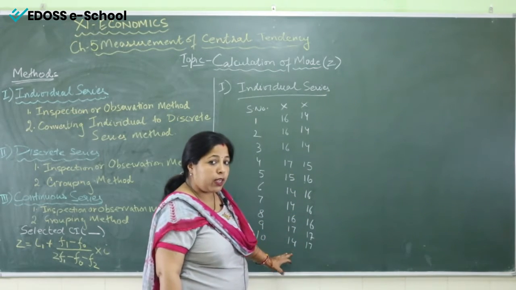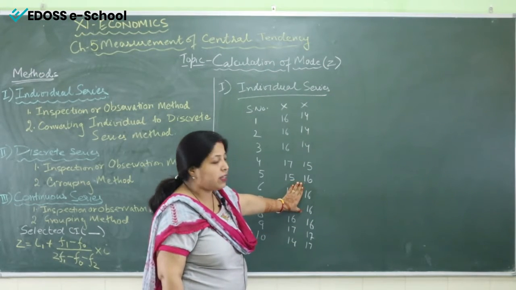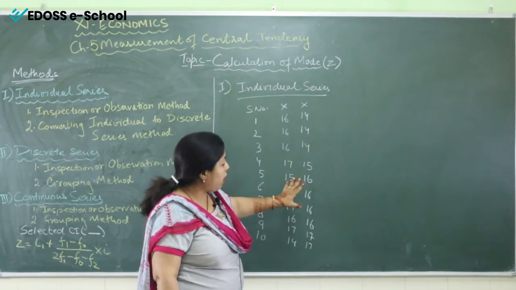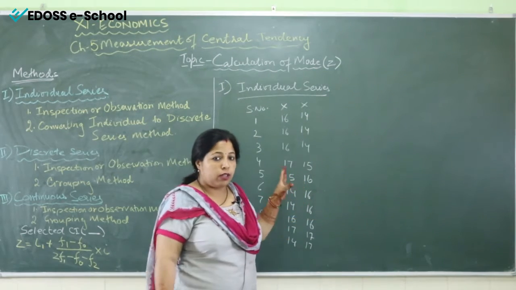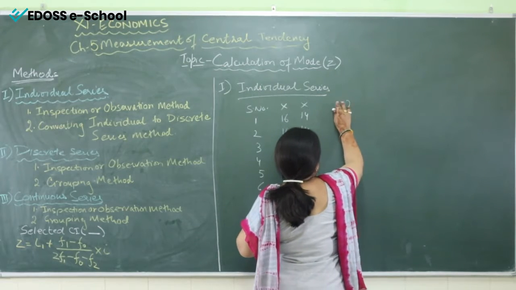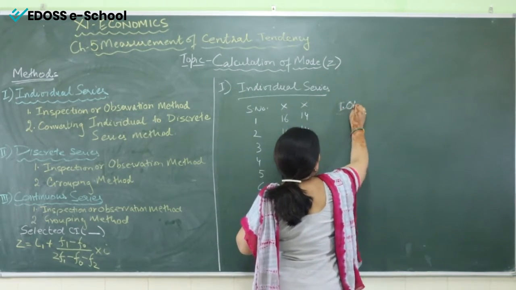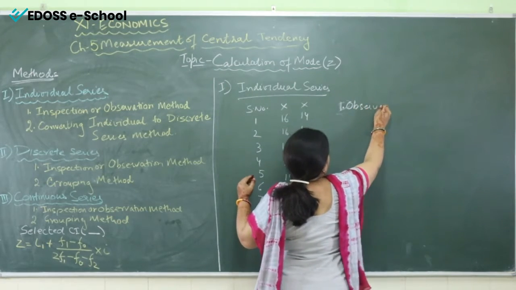So which is the highest repeated number? The highest repeated number is 16. And we are observing it. This is the first method which I am using, that is the observation method.